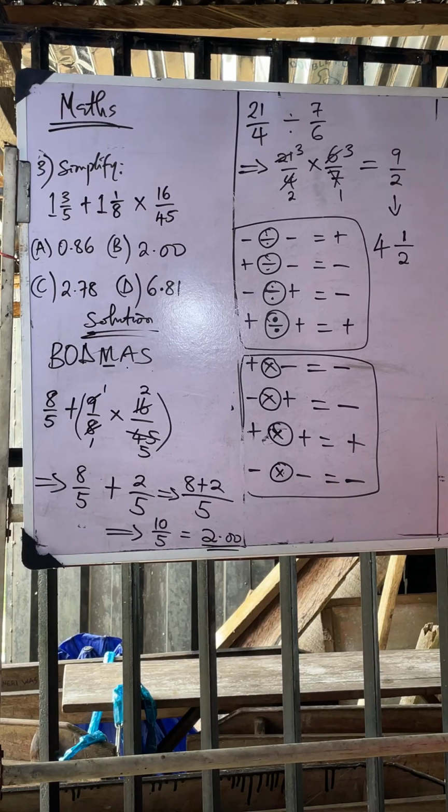So that we should evaluate 2 whole number 1 over 2 plus 1 whole number 1 over 4, divide by 5 whole number 1 over 2 times 2 whole number 2 over 5.